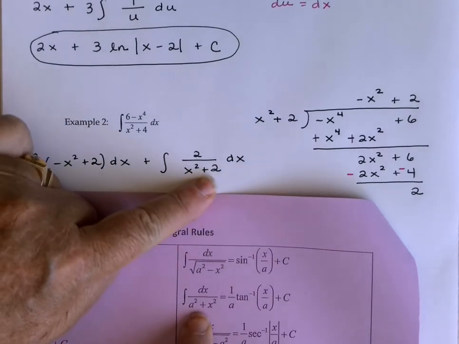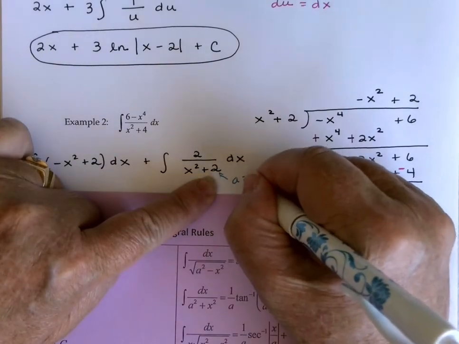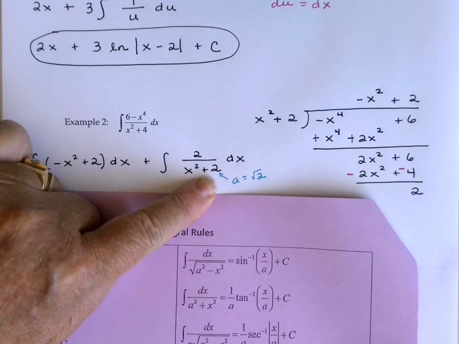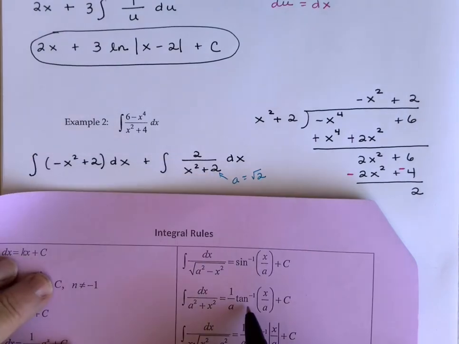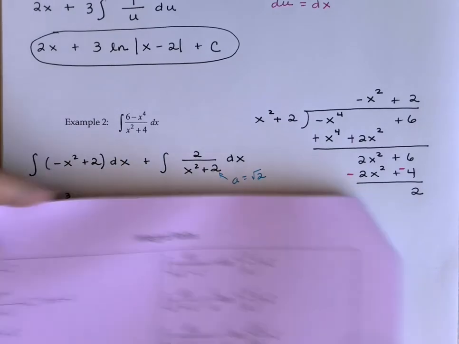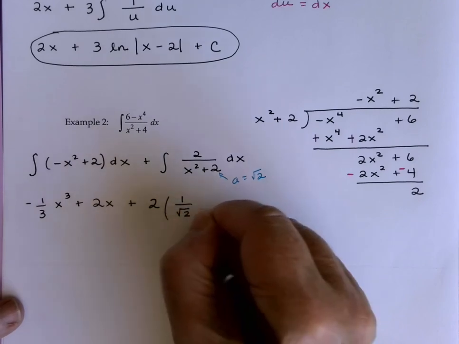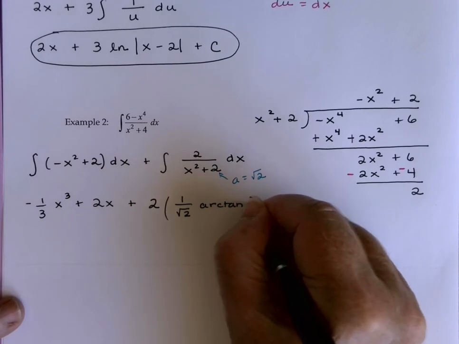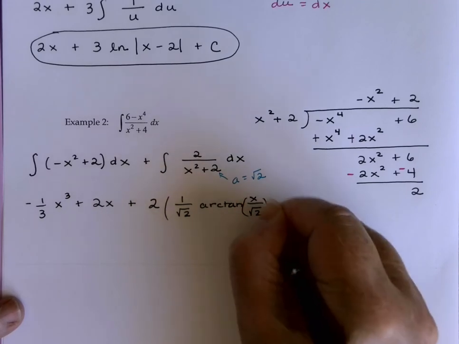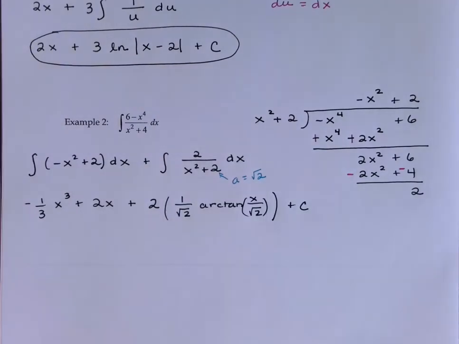Our a here would actually be the square root of 2. So I'd have 1 over the square root of 2, and I'm going to write that as arctangent of x over the square root of 2. And then finally our constant of integration.